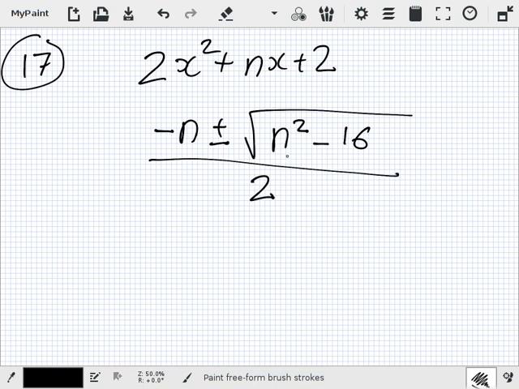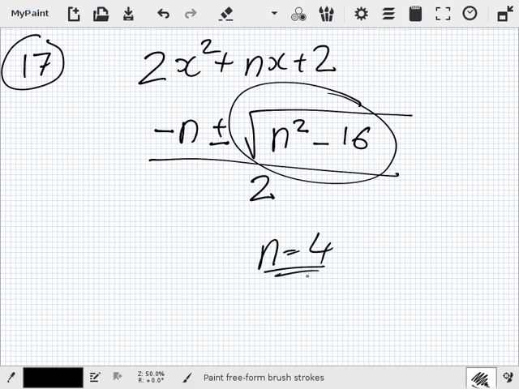You're looking for what is the smallest number that will make this have rational roots. A rational root means a fraction without the surd, without the root. So one way you can cancel this was just have it equal to 0. So you can easily get that if n equals 4. So 4 is the answer.